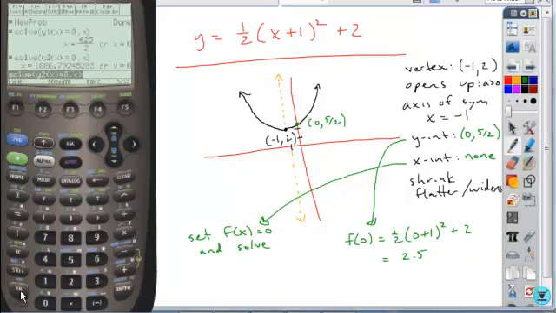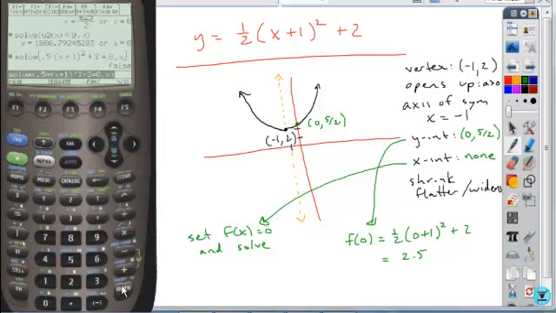Okay, so if we wanted to test this, and again, we don't really need to on this one, we take solve, plug in our equation, so 0.5 times the quantity (x plus 1) squared, and then add 2, set that equal to 0, and then solve for x. It's going to give us our x-intercepts, and it says false.